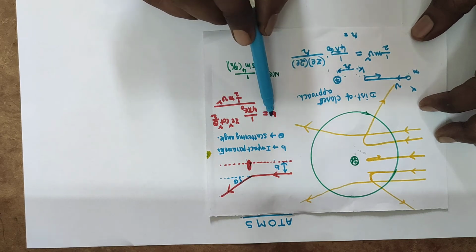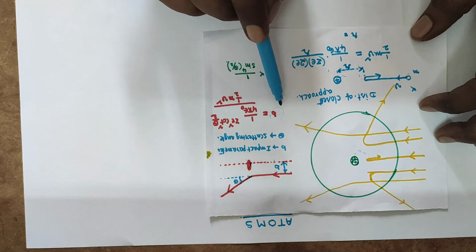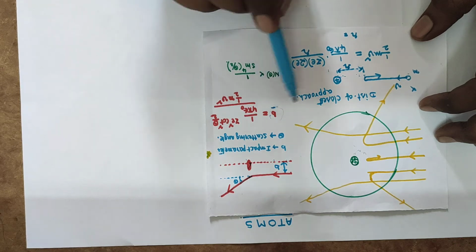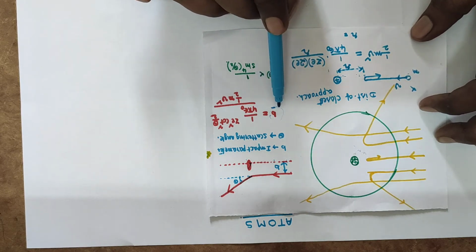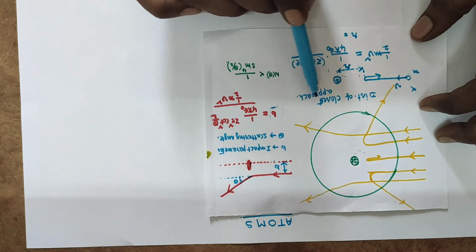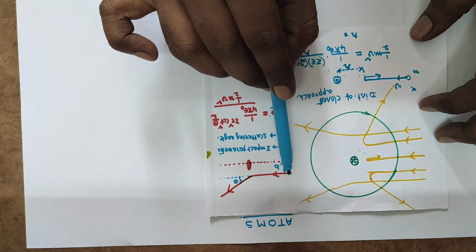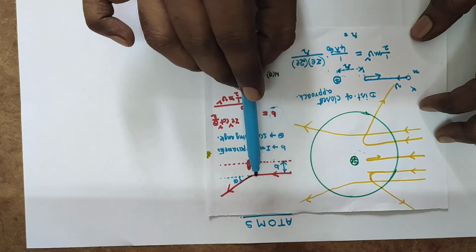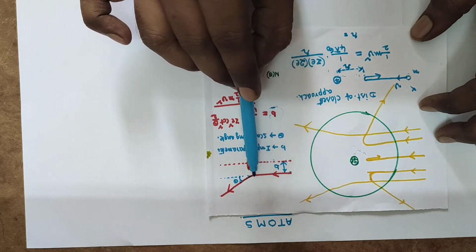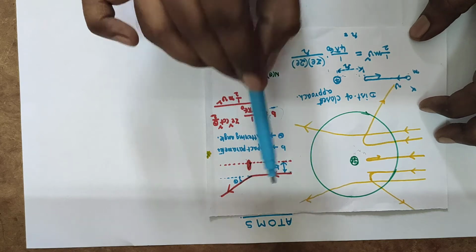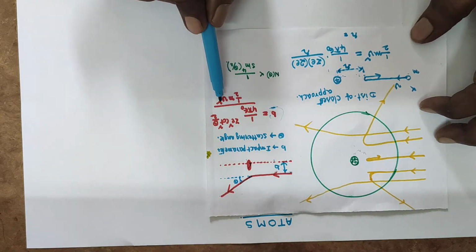See, for a given impact parameter, if the kinetic energy of the alpha particle is increased, then what happens?